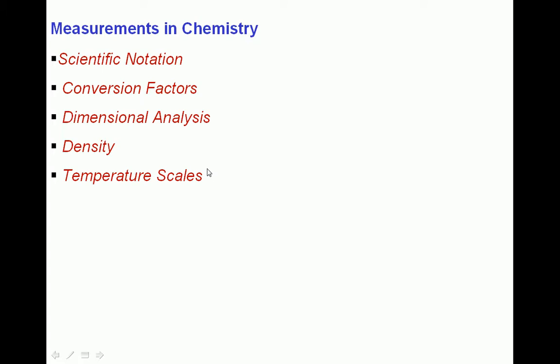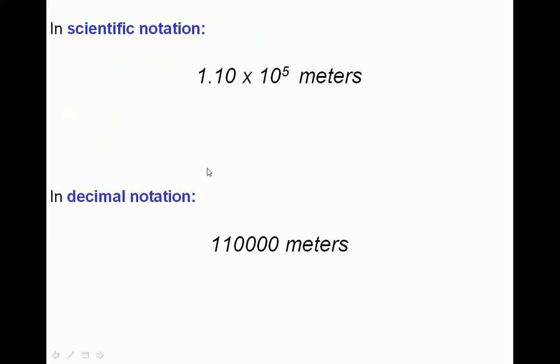So when we write a number in scientific notation, we have a term that has one digit to the left of the decimal point, followed by the required number of digits to the right of the decimal point to accurately depict the number of significant figures.